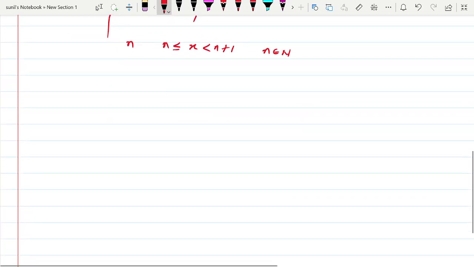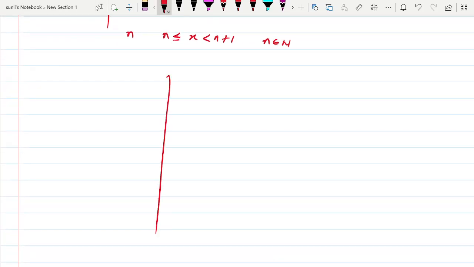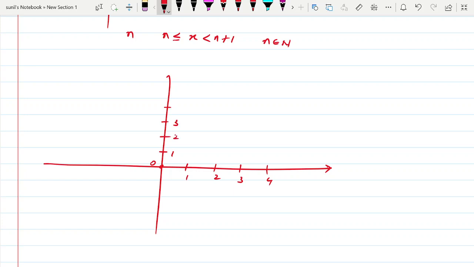So now if I try to plot its graph, it is a step function. Marking 0, 1, 2, 3, 4, and let us take the negative numbers as well: minus 1, minus 2, minus 3, minus 4.